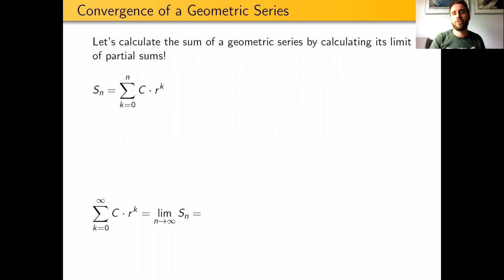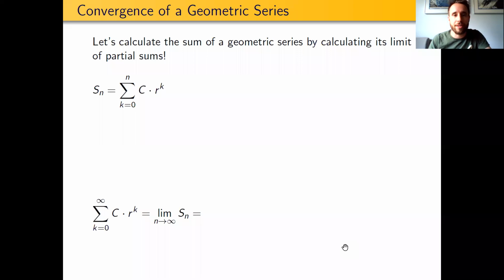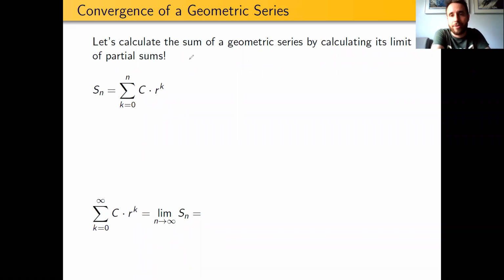If we know we have a geometric series, we might be interested in knowing whether or not that geometric series converges. And we can check this by looking to see what the partial sums, the S sub n's, look like. So we can determine our series convergence by looking to see if our sequence of partial sums converges. And so here, let's take a look at a clever way we can do that.